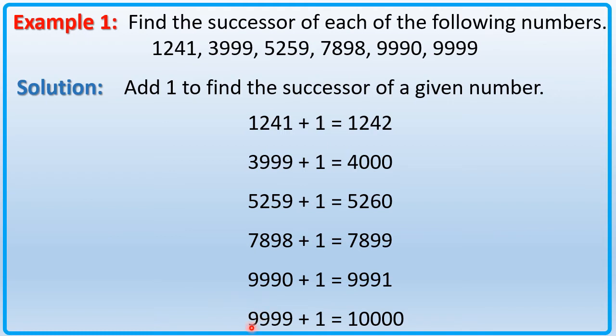Here we have 9999 plus 1 is equal to 10,000. 10,000 is the successor of 9999.